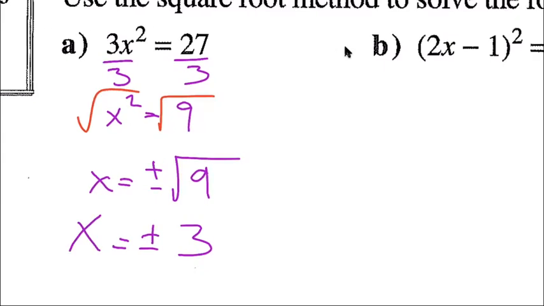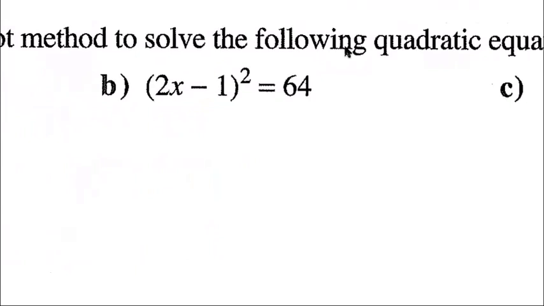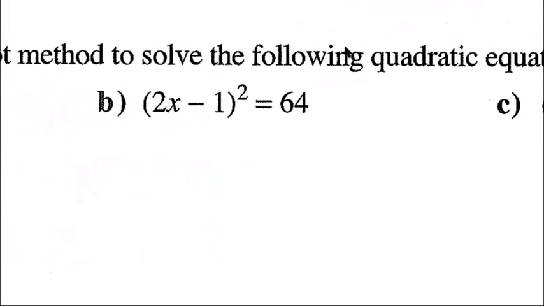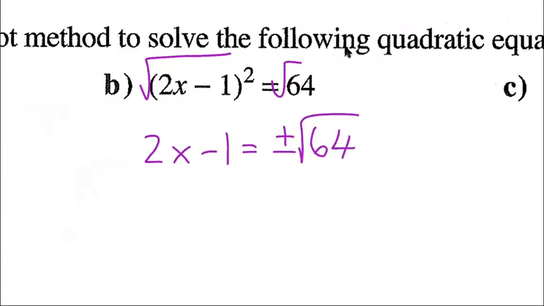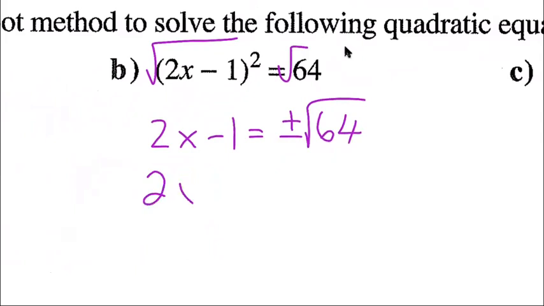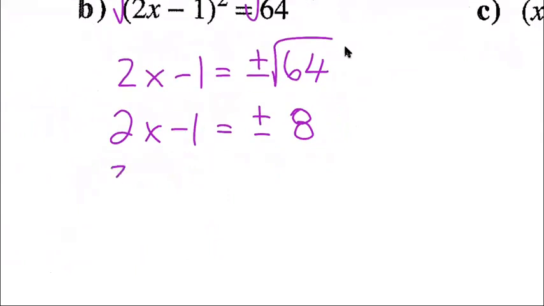You can do a similar process with others. You just have to make sure that you're following the steps properly. 2x minus 1 all squared is equal to 64. If I square root both sides, I'm going to get 2x minus 1 is equal to plus or minus the square root of 64. Well, the square root of 64 is 8. So this is 2x minus 1 is equal to plus or minus 8. And I continue to solve. 2x, I'm going to add 1 to both sides.